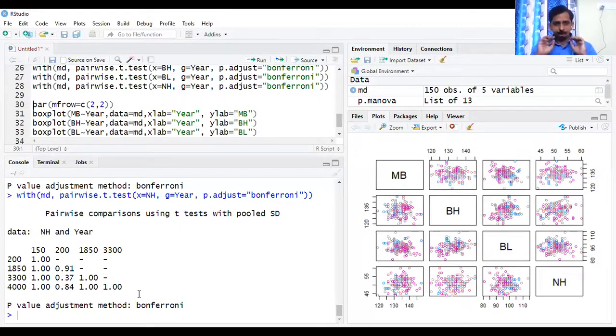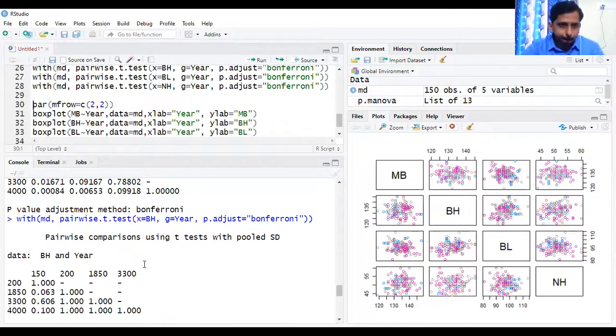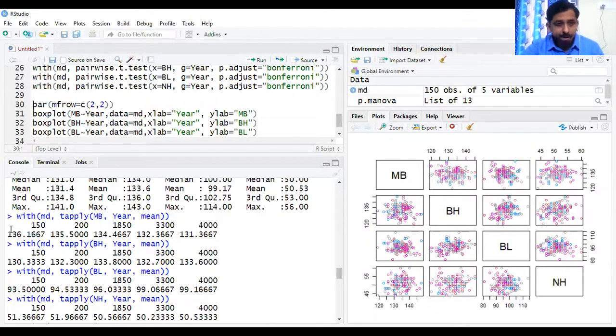So we can make a simple statement like this: on average, the nasal height and height have no statistical difference across the years from 4000 BC to 150 AD. Whereas there is a gradual decrease of average length, and the breadth also changes.